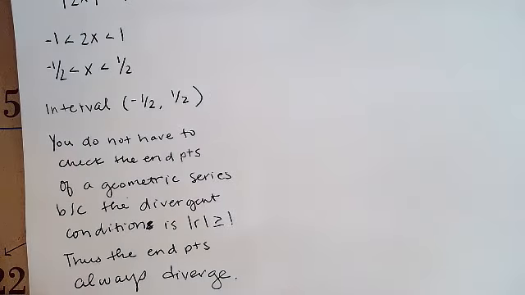So actually that answers both parts. We do not have to test our endpoints, which is always a good thing after last time. And yes, anything outside of that interval would diverge because of the divergence condition, including the endpoints.